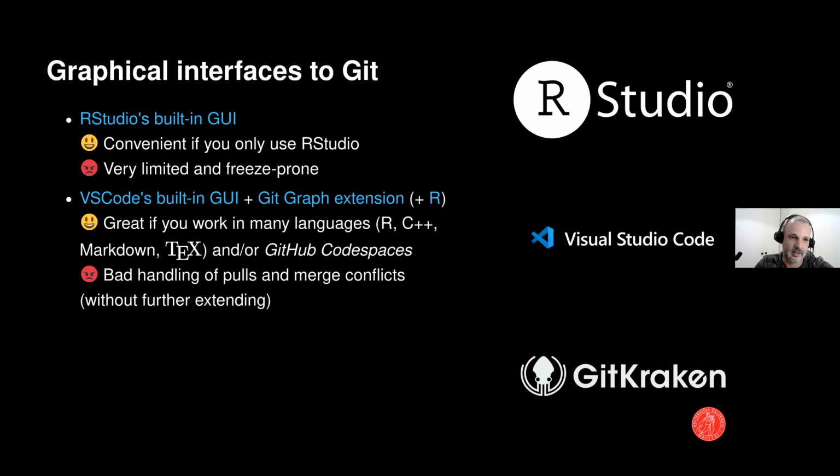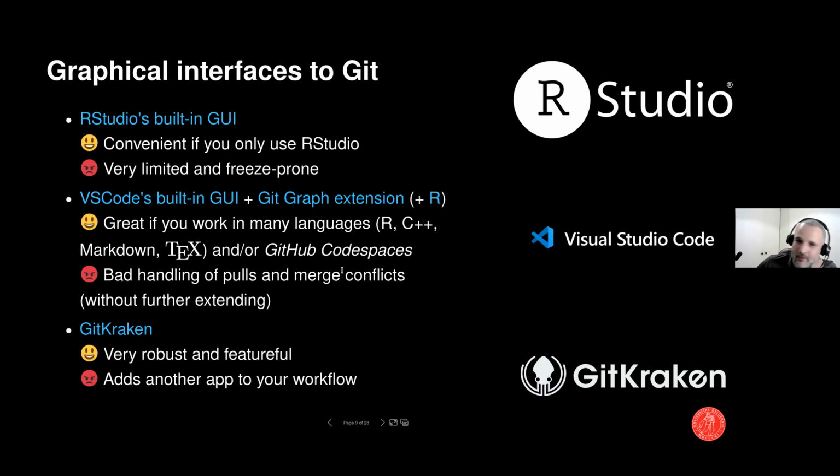And to put up a bad side of it, VS Code doesn't do a very good job of handling pulls and merge conflicts, which we're going to talk about a little later, unless you install more extensions. But anyway.